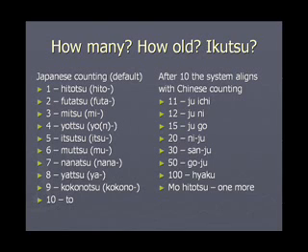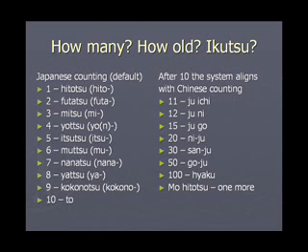Now number 1 is hitotsu, number 2 is futatsu, number 3 is mitsu, number 4 is yotsu, number 5 is itsutsu, number 6 is mutsu, number 7 is nanatsu, number 8 is yatsu, number 9 is kokonotsu, and number 10 is too.